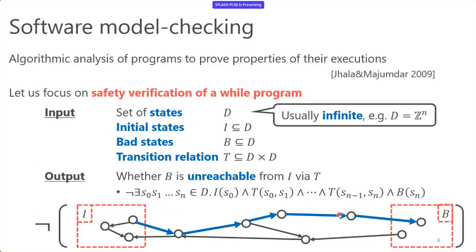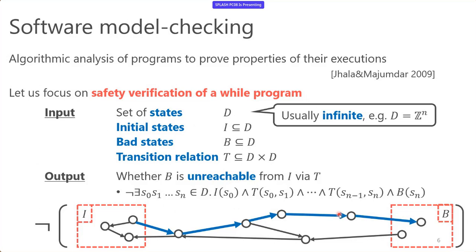For example, we often adopt D as the set of n-tuples of integers. In the literature, we often use a finite control state, but for simplicity, we omit such finite control state in this talk. And the output is whether a bad state is unreachable from an initial state via the transition relation T.